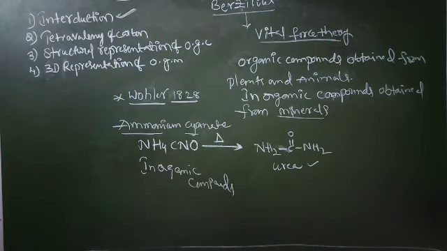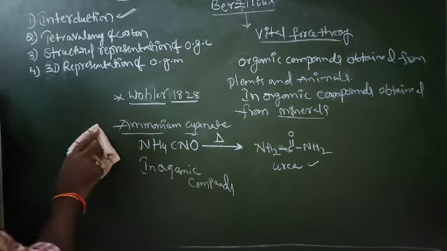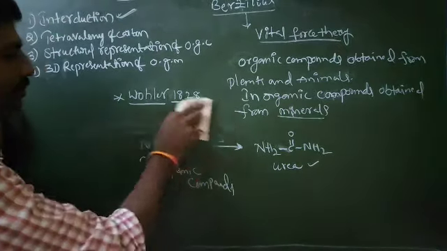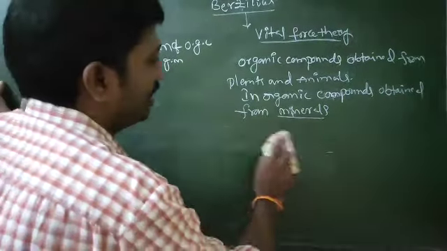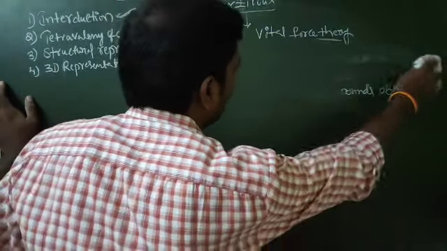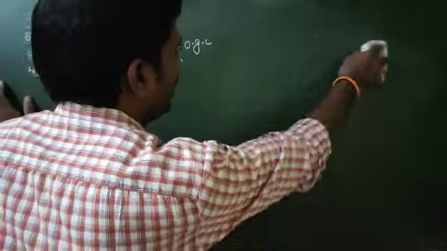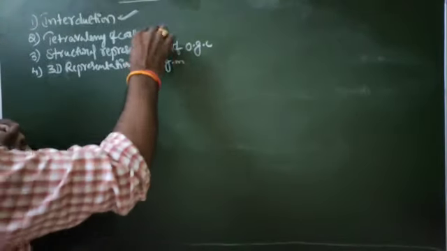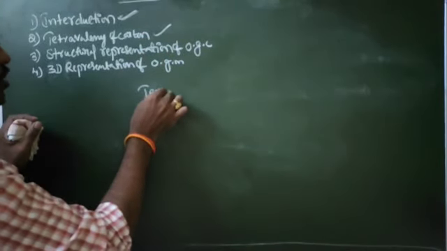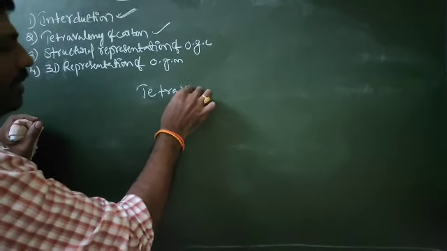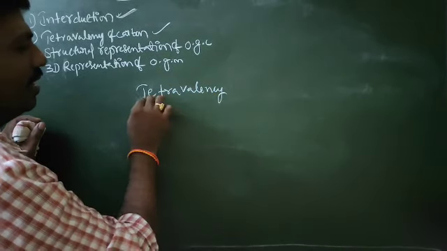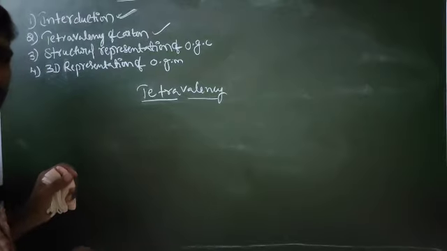Okay, this is the introduction of this concept. Next, tetravalency. What is the tetravalency of carbon? Tetra means 4, valency means combining capacity.